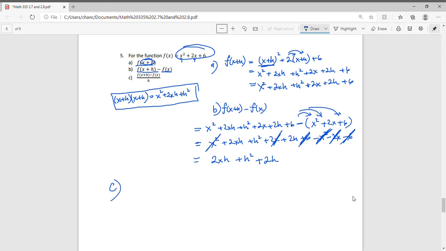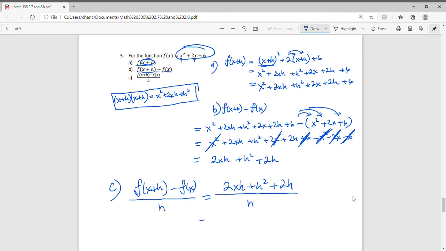In part C, we're going to piece it all together. We're going to do f of x plus h minus f of x, divided by h. We know what f of x plus h minus f of x is. We just did it in part B. This is equal to 2xh plus h squared plus 2h, and we're going to divide that by h.